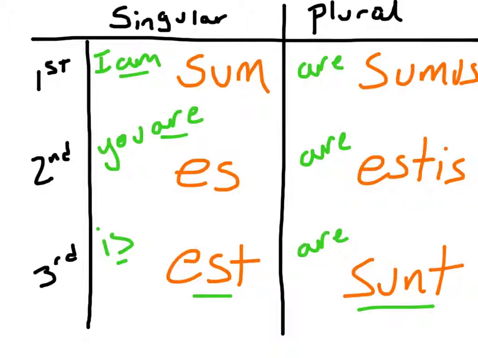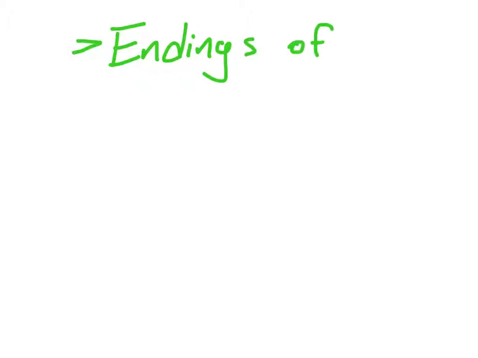So, I'm going to ask that you prepare yourself for a quick quiz. You should be prepared to do these things. Know the endings of the verbs. So that's the O, S, T, mus, tis, unt. You should be prepared to conjugate a random verb.